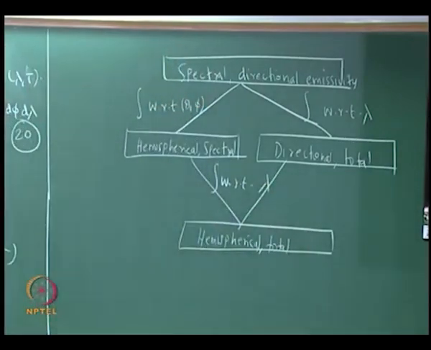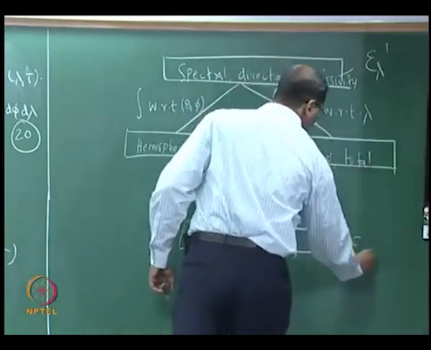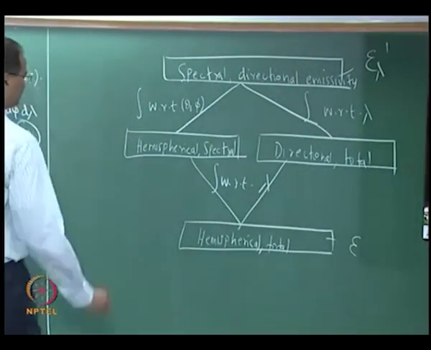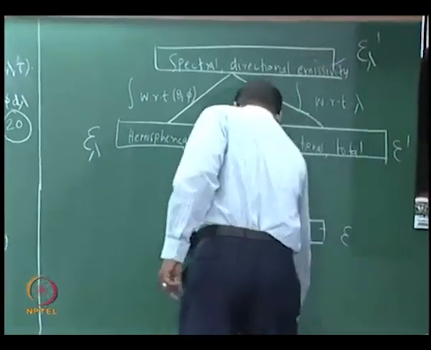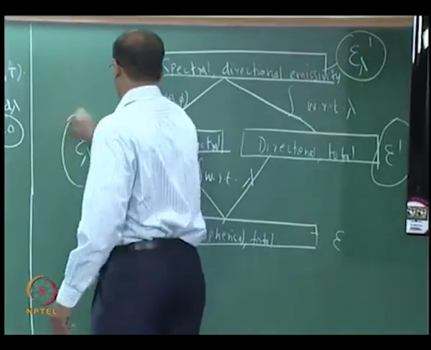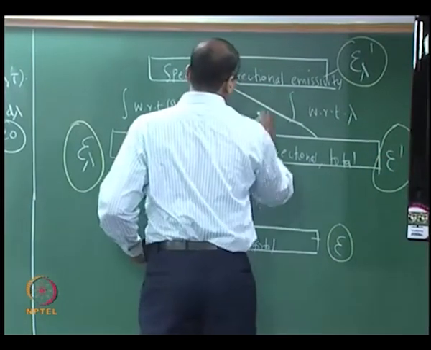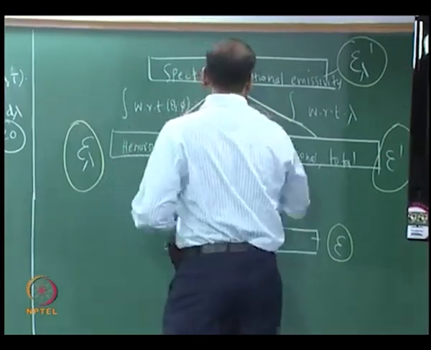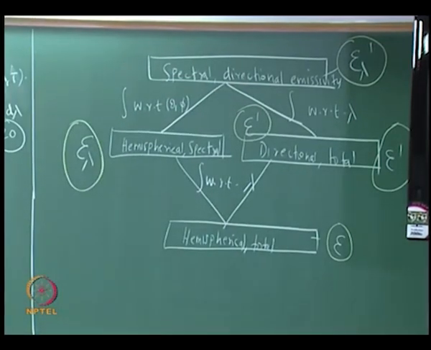Correct. So if you have the spectral, so we can write the symbols also. What is this? People are not able to see that. Correct? This gives you a bird's eye view of the various emissivities involved.